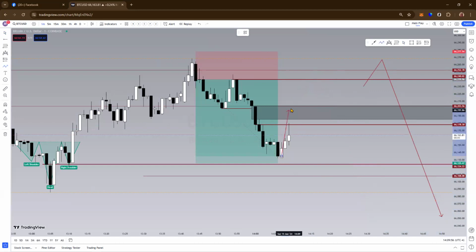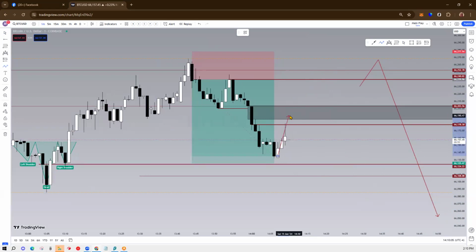This gap. Which it almost did, right? We're right up in there. It didn't go in the gap. See, now it's reversing. Hopefully, we can get it to come down here.